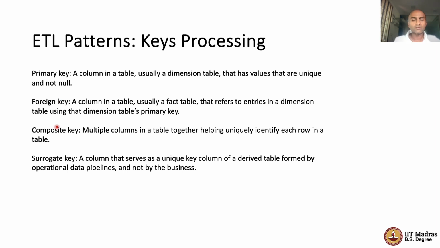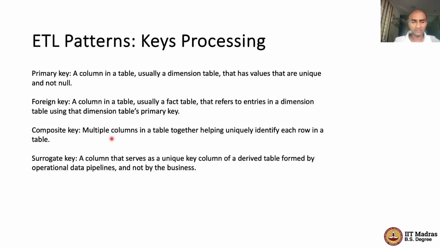Now, in some cases, the business process could be structured in such a way that you do not have a clear candidate for a primary key, but you could have the ability to construct a primary key by looking at multiple different columns together. So in the next slide, we'll take a look at some examples in detail.